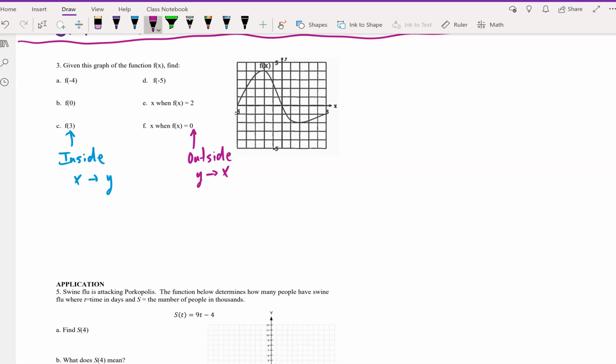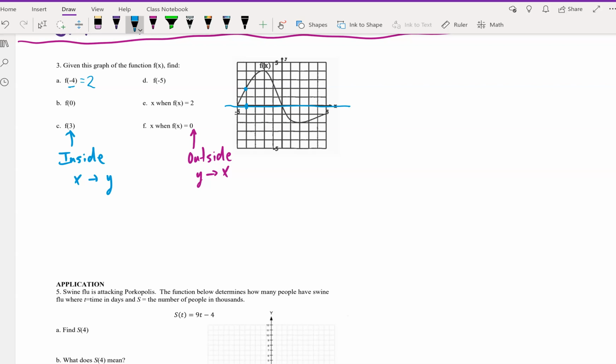Okay? So the way we do this for the inside values is we go to -4, that's going to be our input, and our input we're looking for along our x-axis. So -4 is right here, and so I go to my graph and I go, oh, the output of having x equal to -4 is going to be a positive 2, so this is just equal to 2.